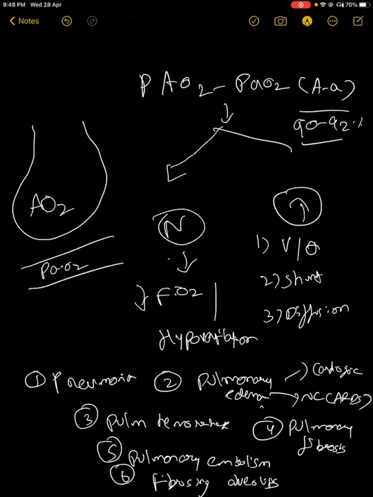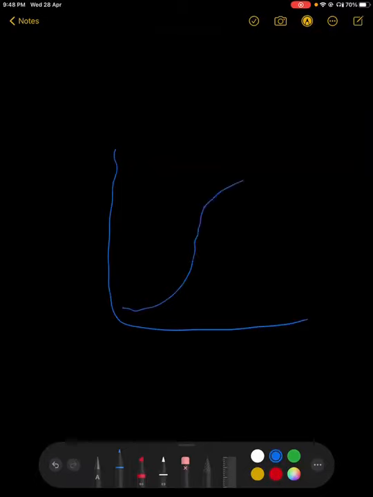Why I'm telling this, I think most of you might know this: we have something known as the oxygen dissociation curve, right? This is the oxygen dissociation curve. It's usually sigmoid in shape. It contains PaO2 on one axis and Hb oxygen content on the other. So when the PaO2 increases, the oxygen carrying capacity of the blood also increases.